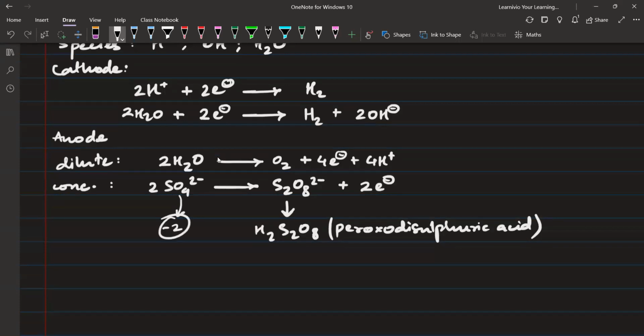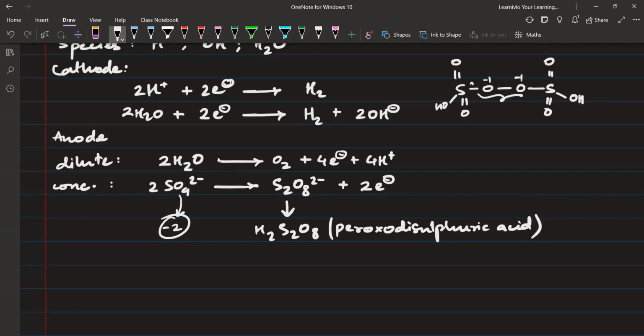But in S2O8 or peroxodisulfuric acid, the bonding is like this, with two OH and one double bond O. So this is the structure. This oxygen is having -1, and this oxygen is also having -1 because of the peroxo linkage. Because the oxygen is bonded to oxygen, both these oxygens will have -1 charge only, not -2.